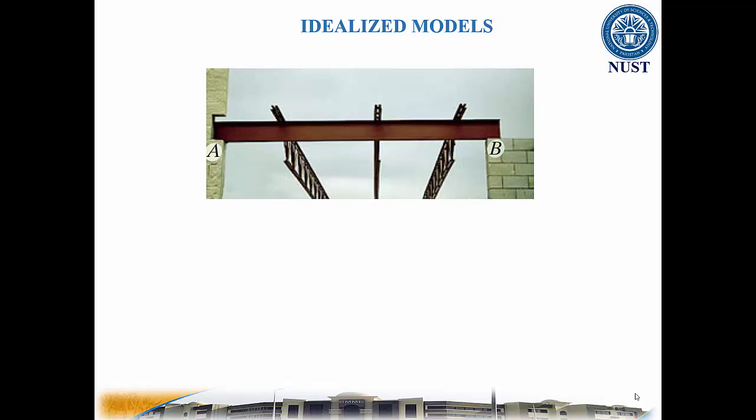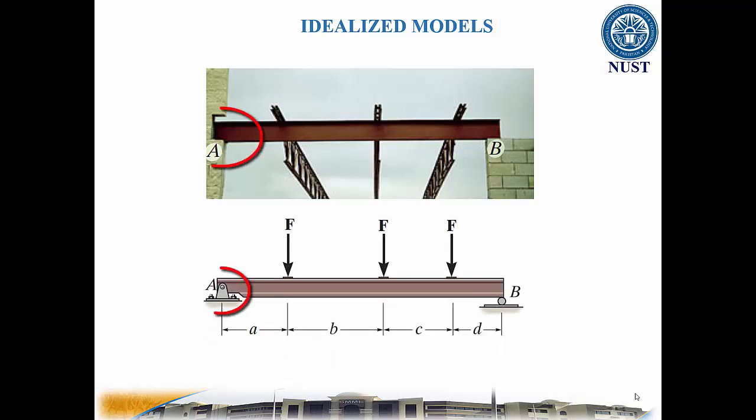Let's study a case to develop one such model. A steel beam is to be used to support the three roof joists of a building. For a given analysis, it is reasonable to assume the material is rigid since only very small deflection will occur when the beam is loaded. A bolted connection at A will allow for any slight rotation that occurs here when the load is applied, and so a pin can be considered for this support.